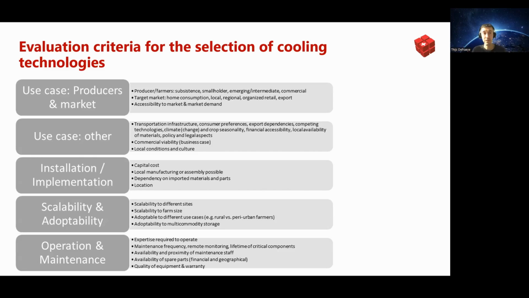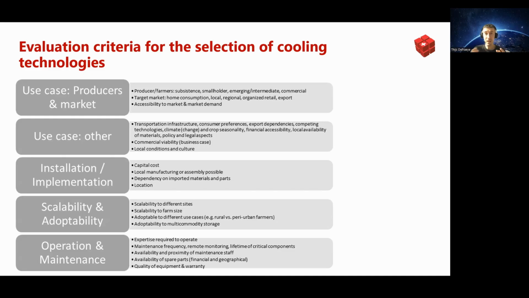Then apart from that, you have other evaluation criteria with respect to the cooling technology as such. For example, on installation, what's the cost? Can I manufacture locally, or am I dependent on imported materials? At which location will I put my facility, or can I put my facility? Second part is also on scalability and adaptability.